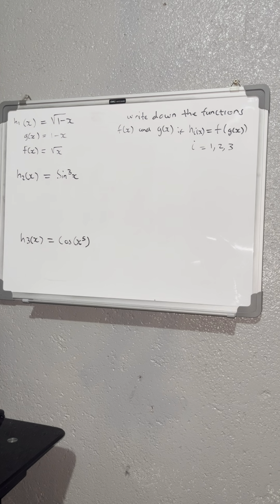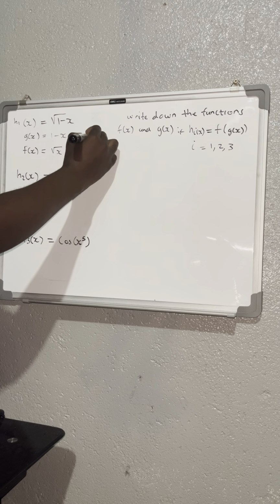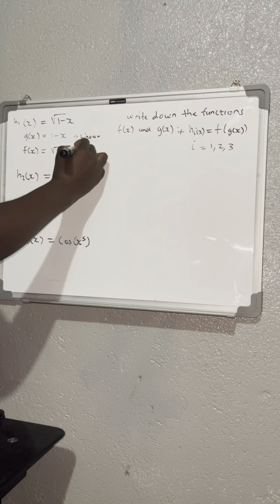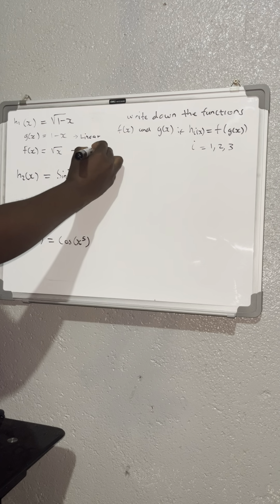And the second one that I like to use is that I try and identify the type of functions that I have. This one, you can see that it's linear, and this one you can see it's a power.